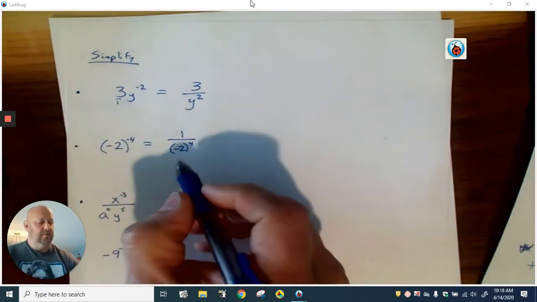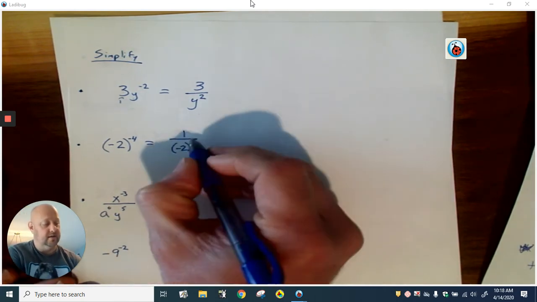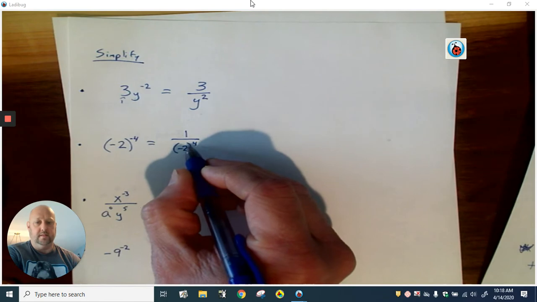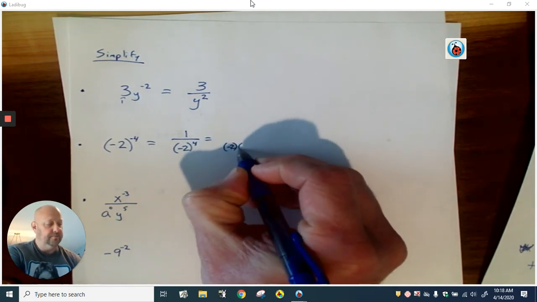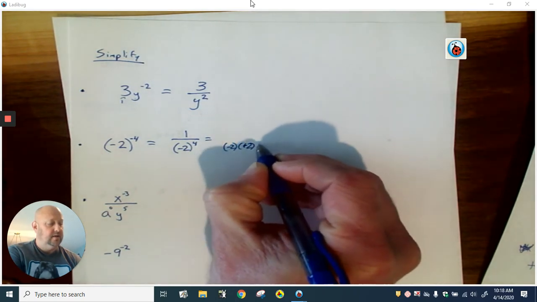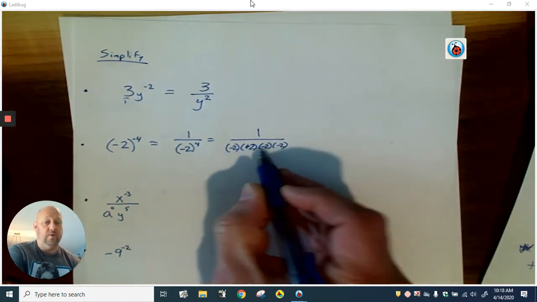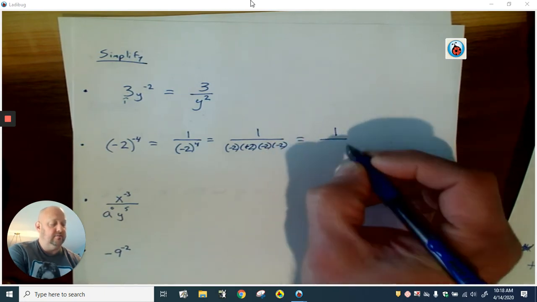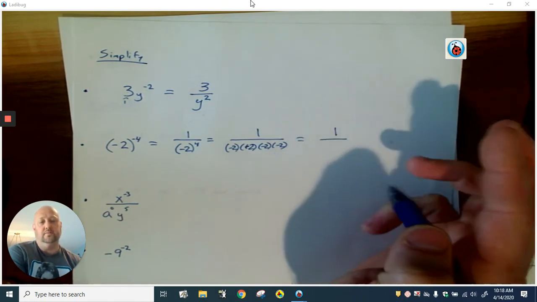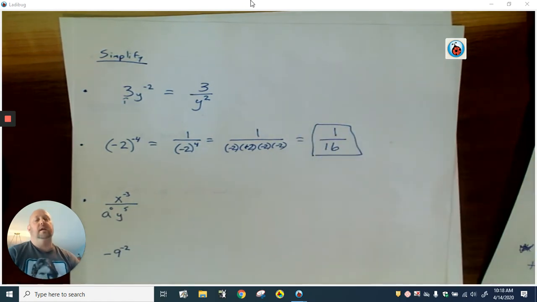In this case, it's going to end up being positive, because parentheses like this mean negative 2 times negative 2 times negative 2 times negative 2. So we have 4 negatives, and an even number of negatives ends up being a positive. And 2 times 2 is 4, times 2 is 8, times 2 is 16. So this does end up being positive, but it's not because these cancel.